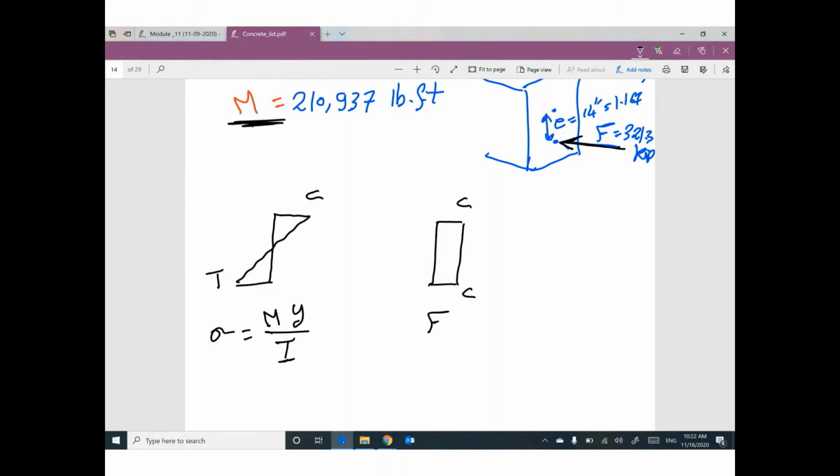The force divide area. And due to the effect of eccentricity, we have compression at the bottom, tension at the top, and your stress equal force time eccentricity time y divide I.